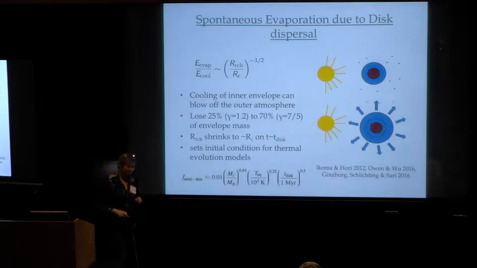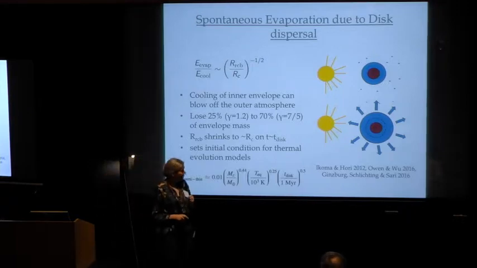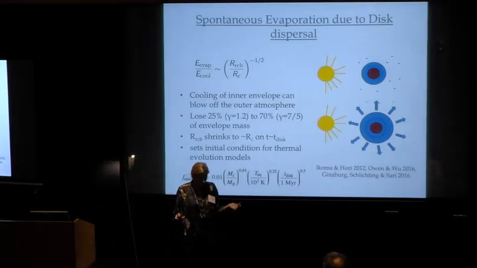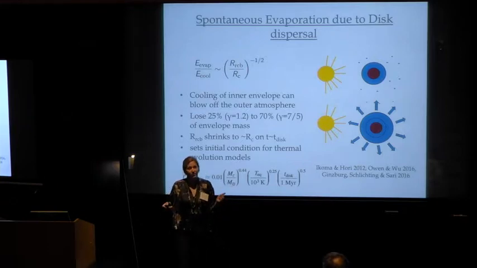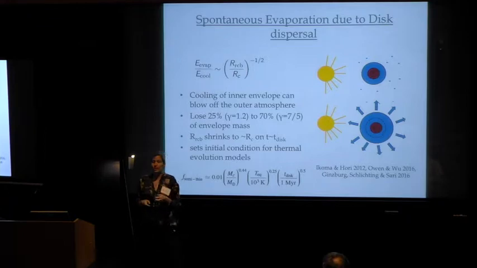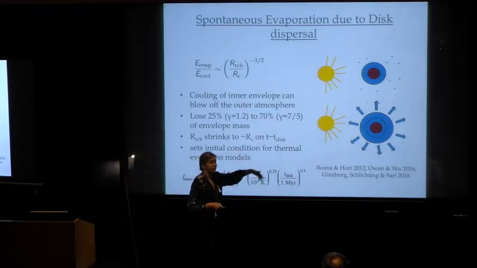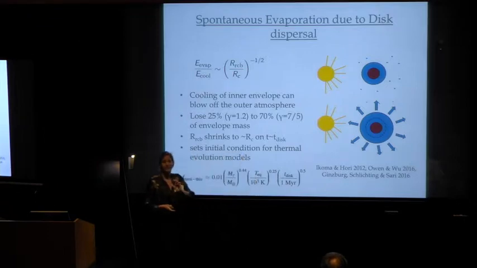As a result, though, you not only lose half of what you have just accreted, you basically also now, whatever is left, is able to shrink rather rapidly to smaller planet radii than it would without the mass loss. And the reason for that is because the material that's lost, of course, carries away energy. So the rest of your planet can cool extra fast, if you wish, faster than it would without the mass loss.